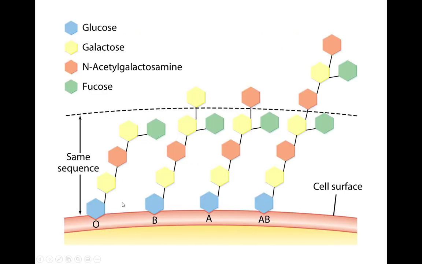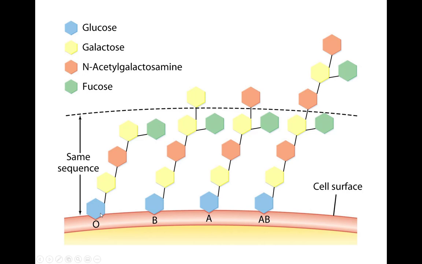So imagine, if you will, that we have here the surface of a red blood cell. Now, no one red blood cell could have all of these different chains here, but if we had someone who had O-type blood, that person would have this series of carbohydrates coming out of the red blood cell.